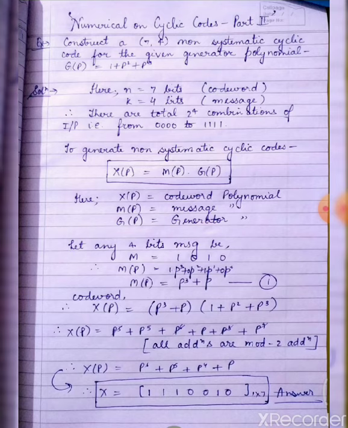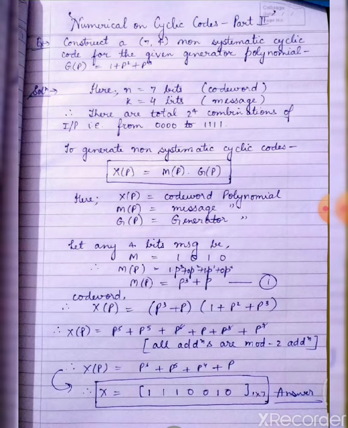For all these 16 combinations we can take out the code vectors generated, but here we will take only one case as an example. We will take a 4-bit message signal and generate the corresponding code word for that message signal.